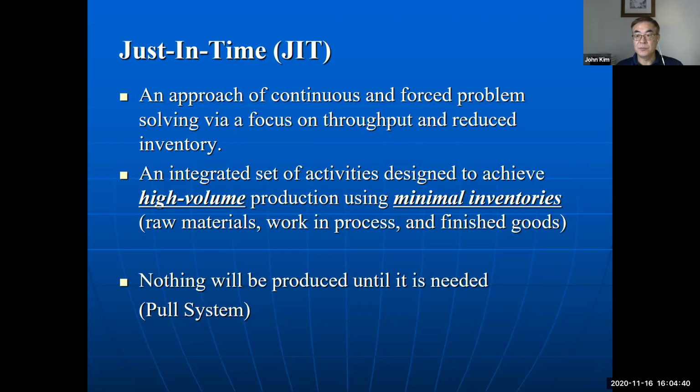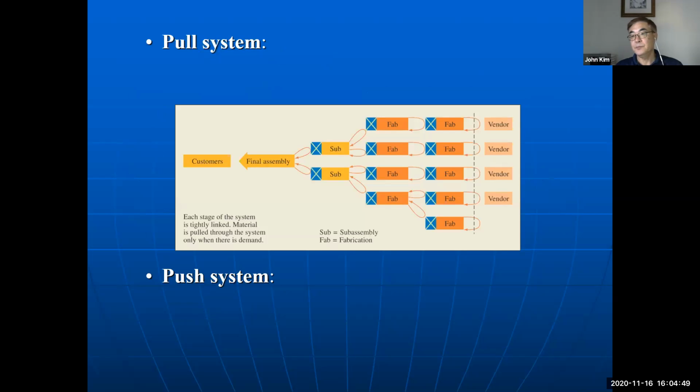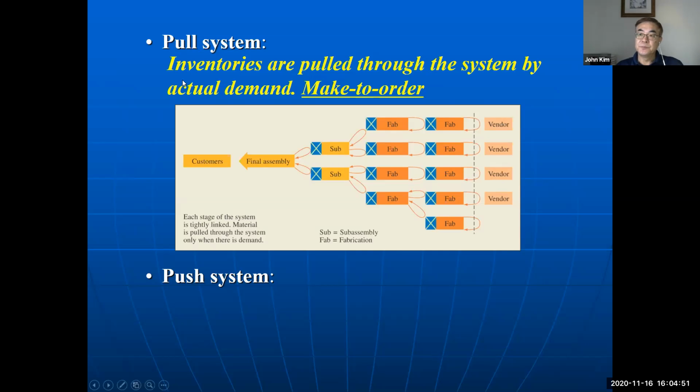Just in time system use make-to-order system and pull system. Pull system, inventories are pulled through the system by actual demand. Make-to-order system. Just in time system is a pull system and make-to-order system.